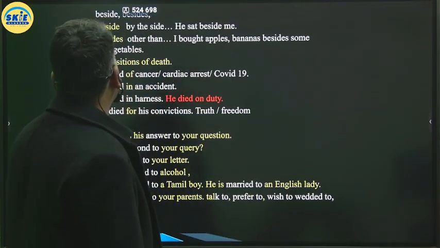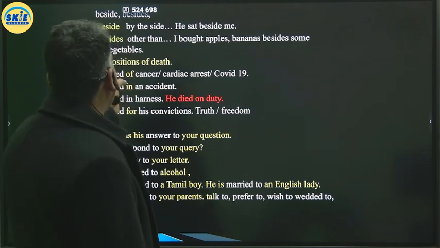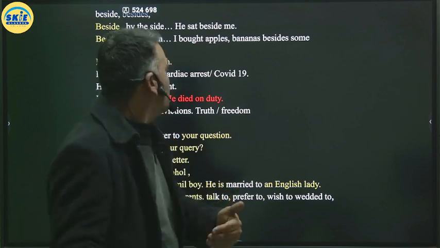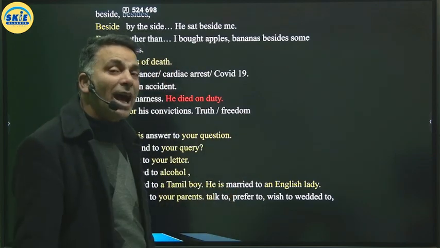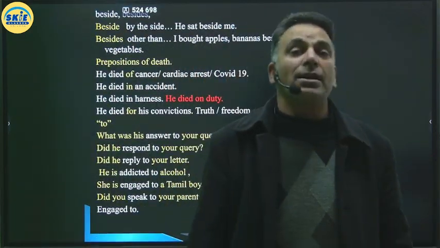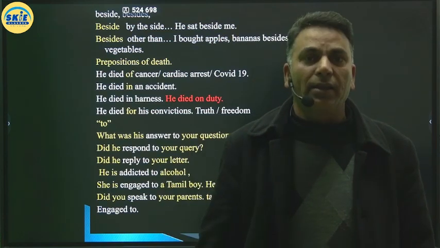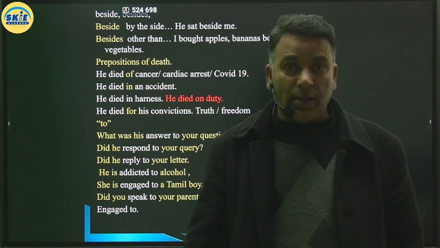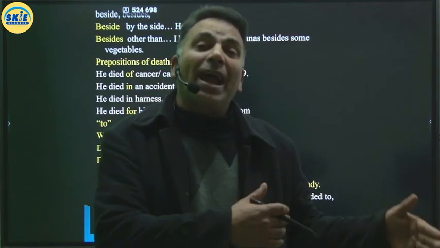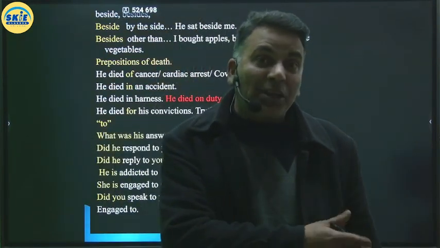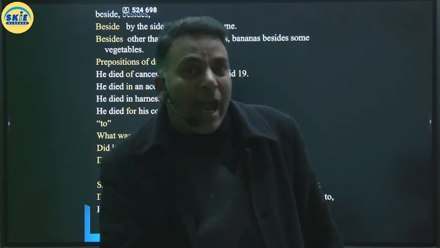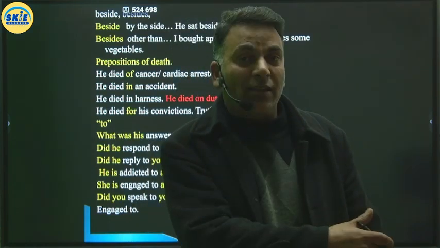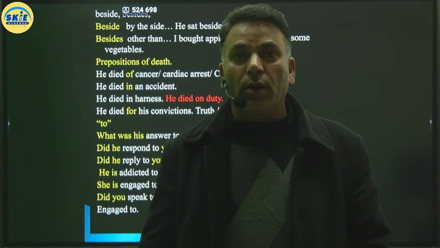Now you have this beside and besides. Beside means by the side, and besides means other than that, in addition to. For example, he sat beside me means he sat on my side, by my side. Jack sat beside me, besides John and Julie. So other than Jack, there were some other people also, right?